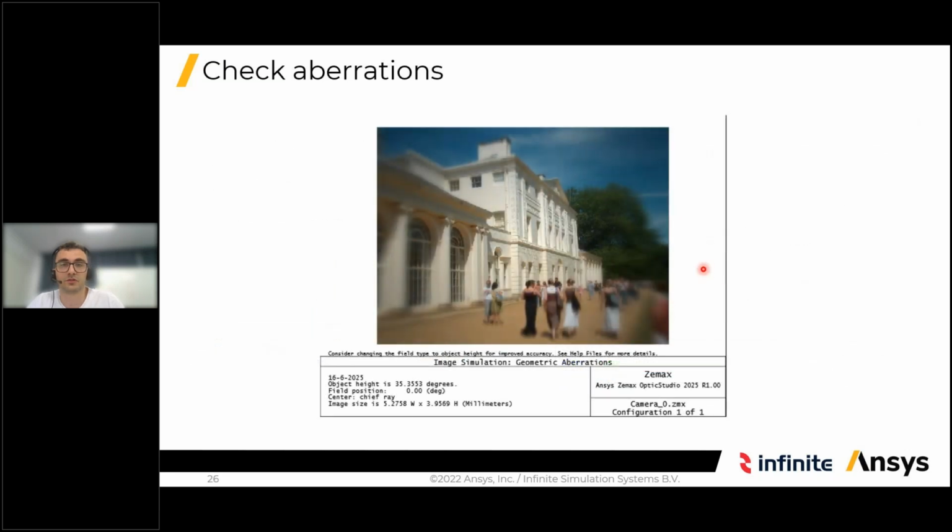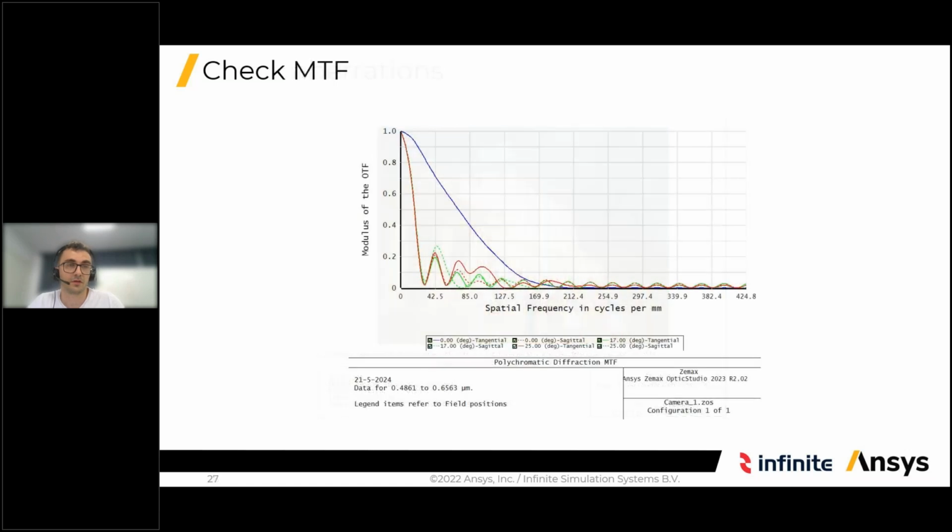And also when we do an image simulation, you can see that indeed the image is very clear at the center, but very blurry at the edges. And if we check the MTF at the frequency of 50 cycles per millimeter, we see that all those curves are below 50%, which is not good.